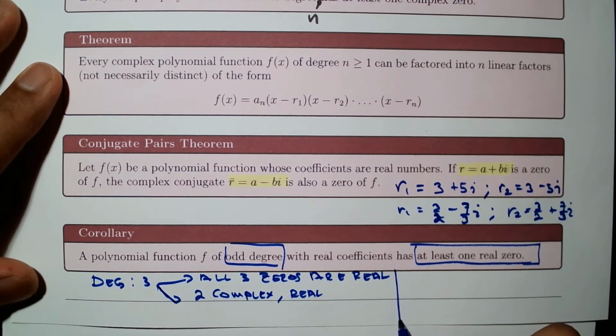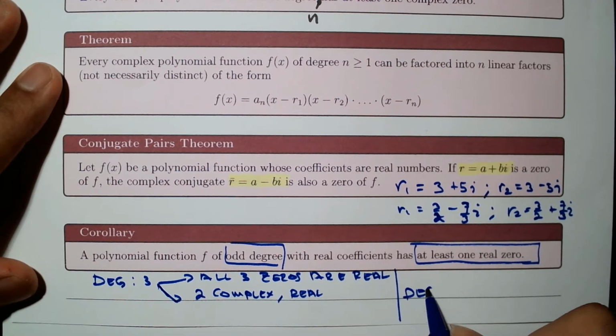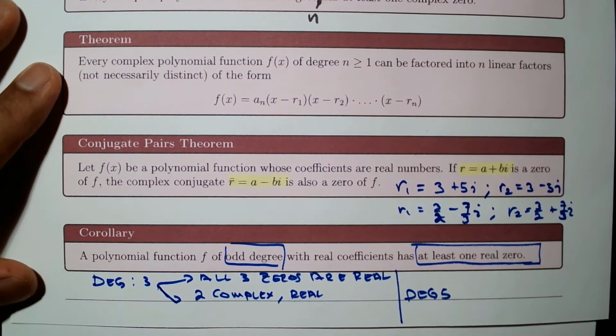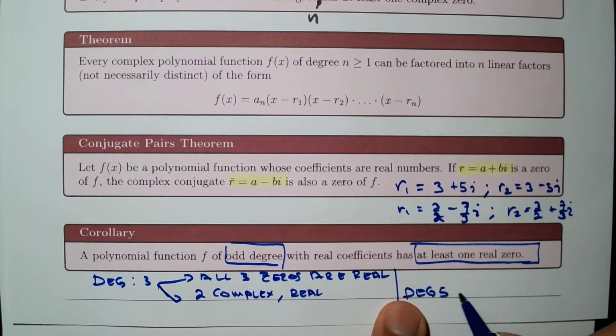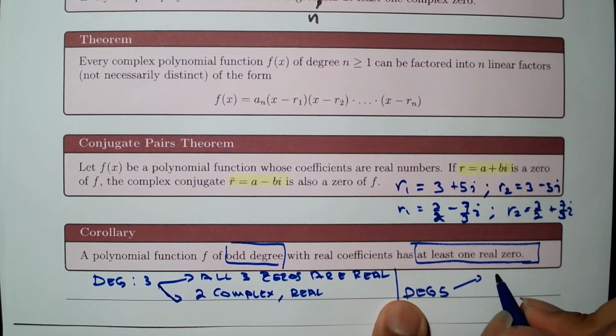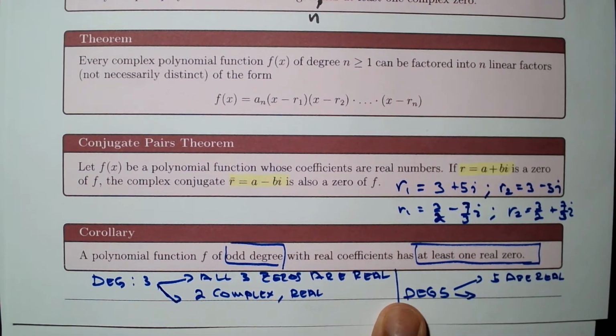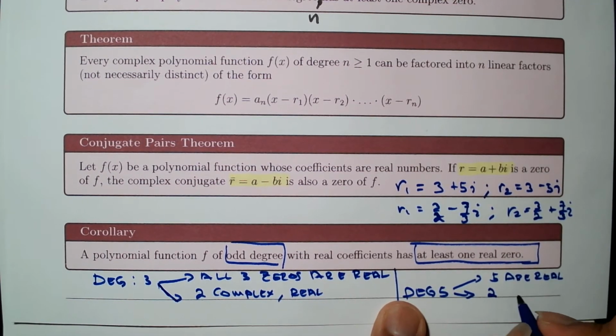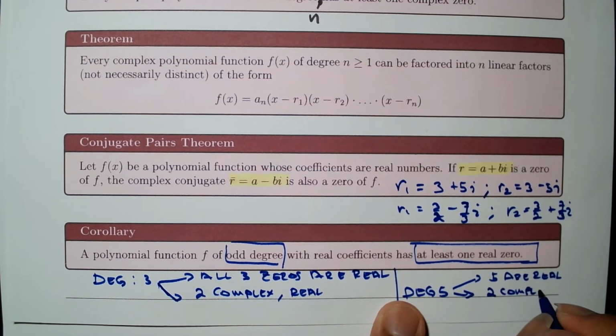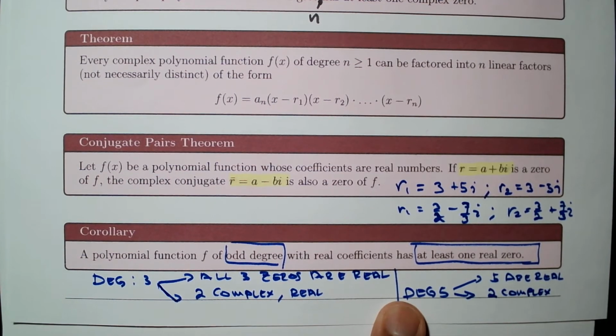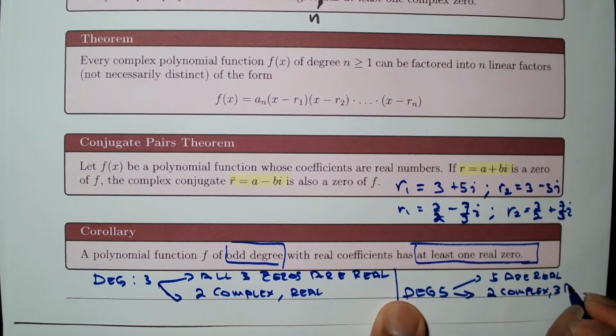Degree 5, for example. Maybe we are going to have the scenario in which all 5 are real. If we know that only one is complex, well, we know its counterpart or its conjugate, in this case 2 complex, and the remaining 3 are real.